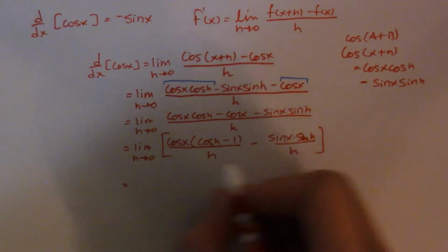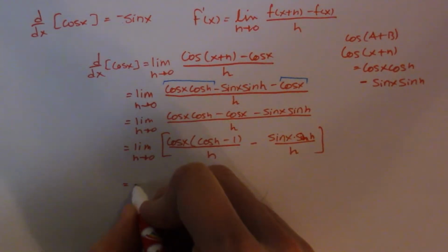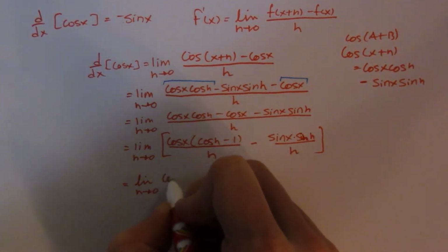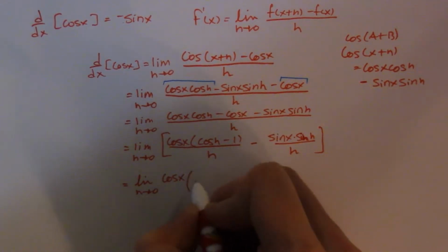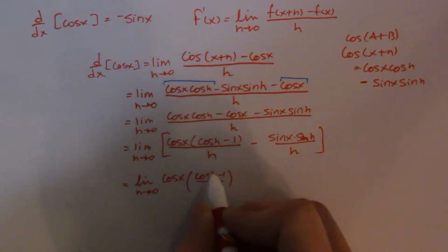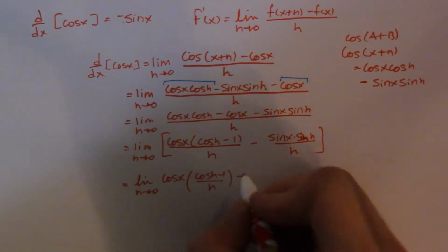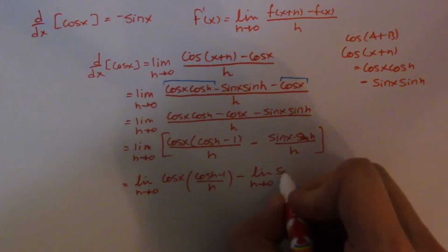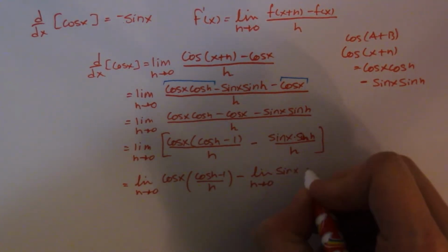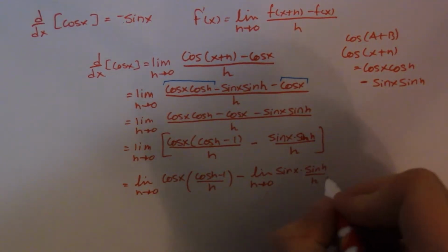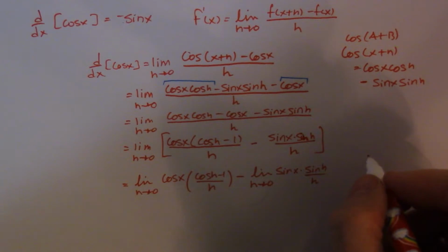So now I'm going to distribute the limit and rewrite these h's a little differently. I'm going to write the cos x by itself, and then put the h with the cos h minus 1, because I know what that limit is. I'm going to do the same thing with the sine, rewriting my limit, and then I'll have sin h over h, just like that.